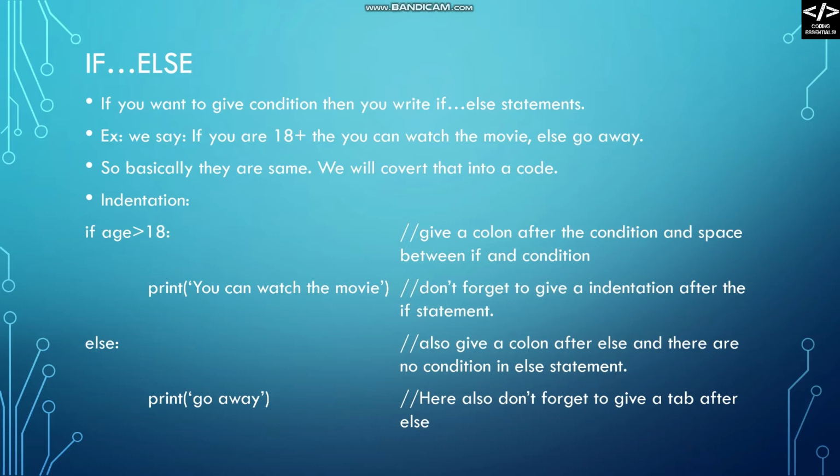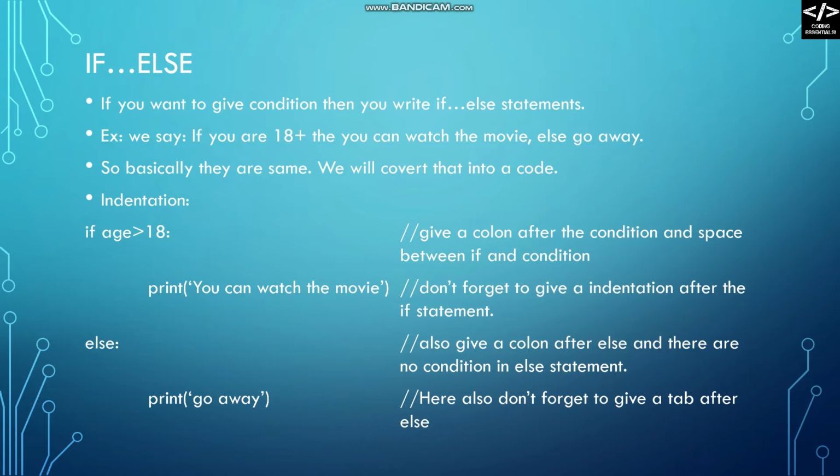So the first line would be if you are 18 plus. To convert that, we'll make an age variable and input it from the user, input your age. So if your age is greater than 18, then colon, print you can watch the movie.